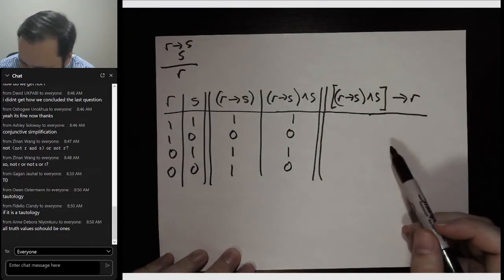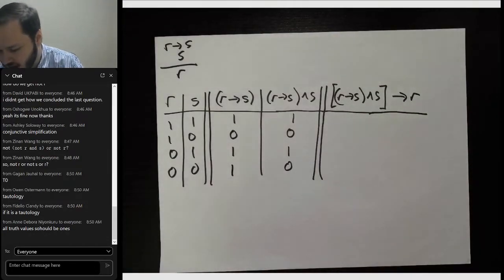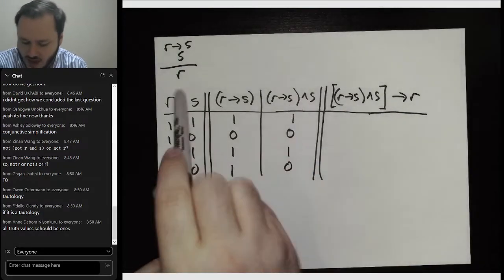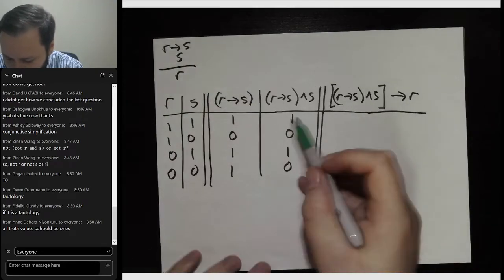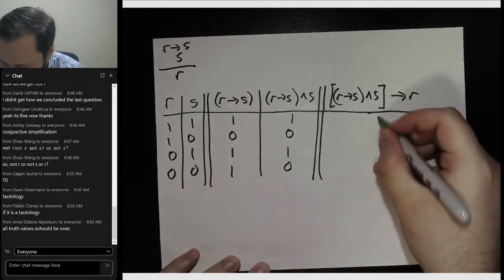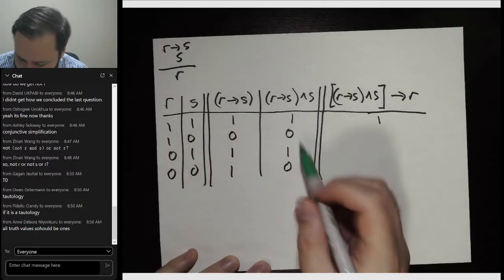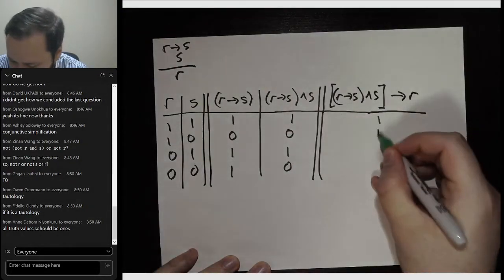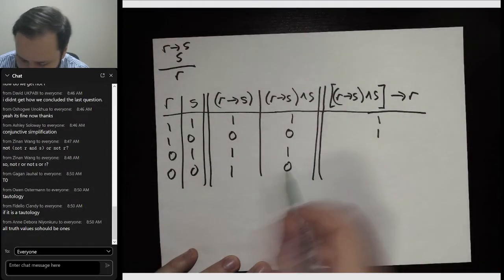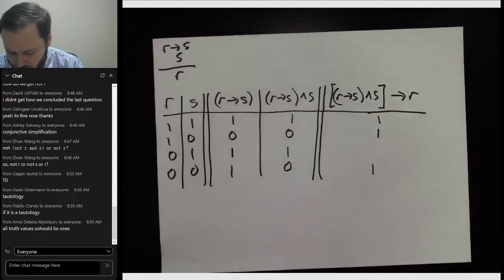And now we can finally go to our last column, the column we care about. So we want to look at this column implies this column. So is it true that 1 implies 1? Yes, that's fine. Is it true that 0 implies 1? Well, yeah, 0 can imply anything, that's fine. So same down here, 0 implies 0, that's fine. But we do run into an issue here.